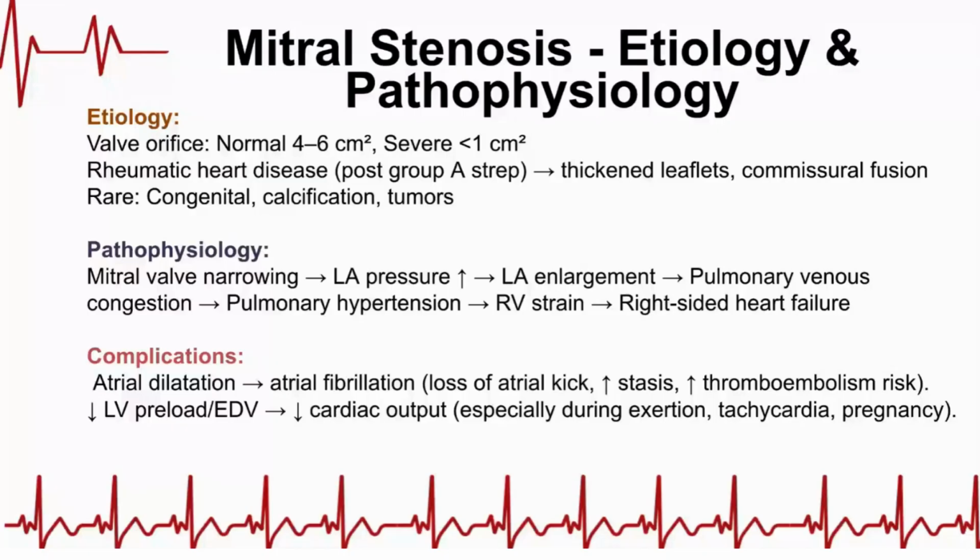And commissural fusion is essentially a situation where your bicuspid valve, your mitral valve, sticks together due to inflammatory deposits. Quite rarely, there are some other causes: congenital causes, calcification, and tumors.